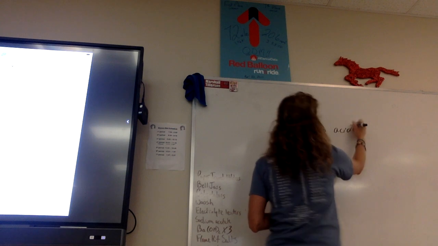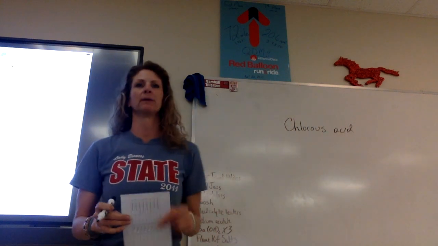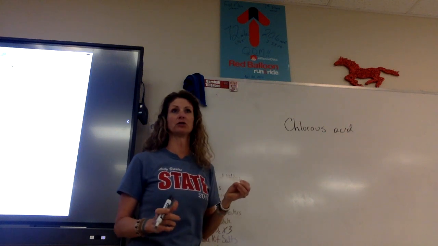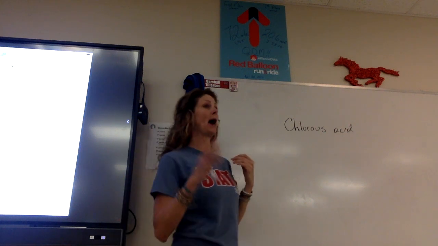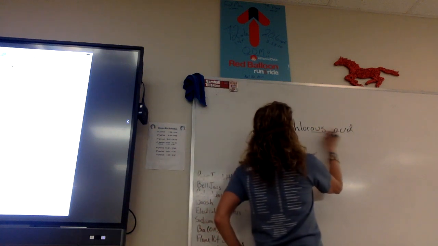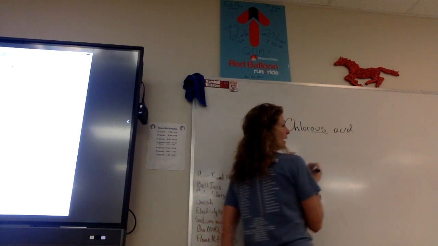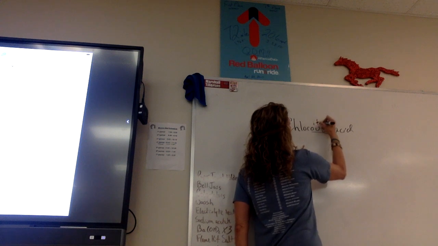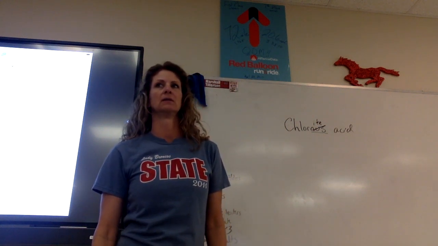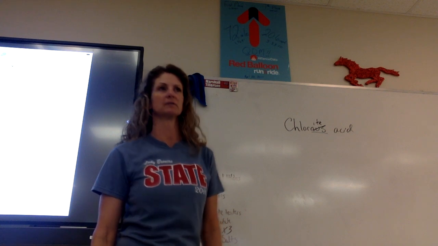Chlorous acid. Binary or ternary? Ternary. So I need a polyatomic. So you're looking for what? I ate some egg and got tummy-ite us. You're looking for chlorite. See if you can get it in your head what the answer is.